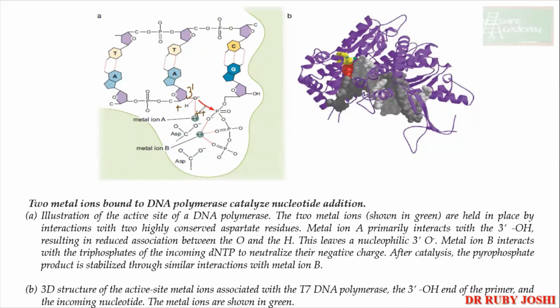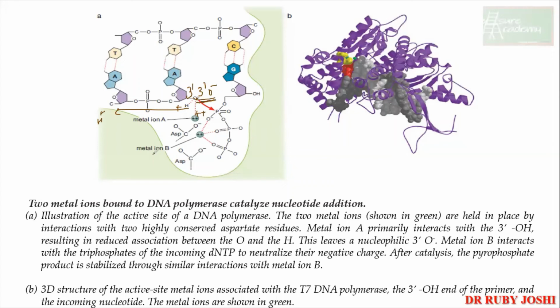So this plus is losing its affinity for the minus. So this H plus goes away, okay? Now this is being stabilized over here. Then because of this association, this O minus is going to attack at the alpha. Okay, it is making a nucleophilic 3-O minus.